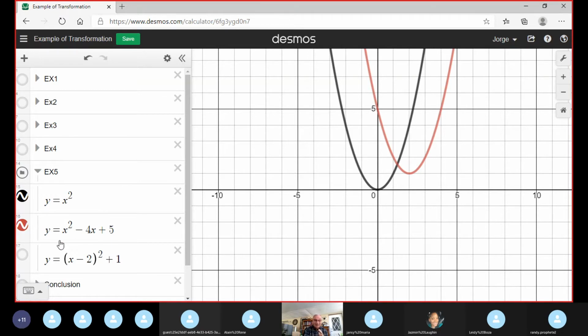And this is exactly the same expression, but after completing the square, you see the red one and the blue one are the same. But in the blue one, I can see the transformation more clearly, and the red one is confusing.